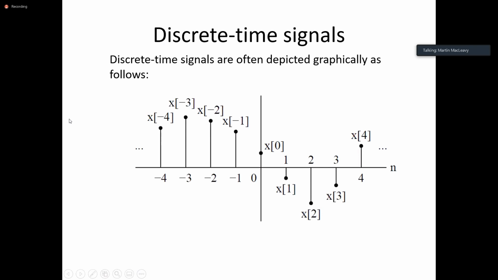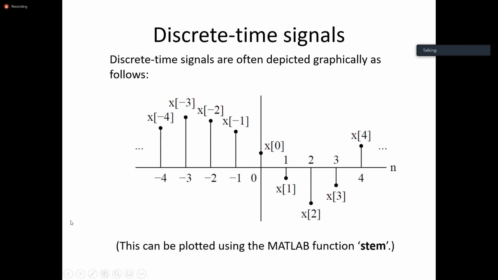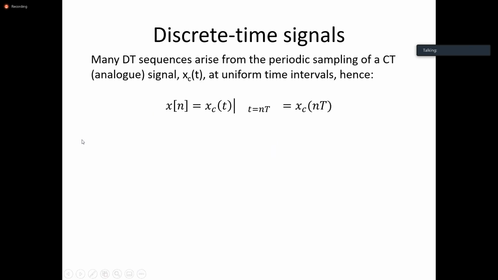Discrete time signals then are often depicted graphically, as shown there. These are known as stem plots, and the MATLAB function will plot it for you simply using stem. Again, here I am repeating a bit. Our sequence more than likely will arise from the periodic sampling of a continuous time signal.